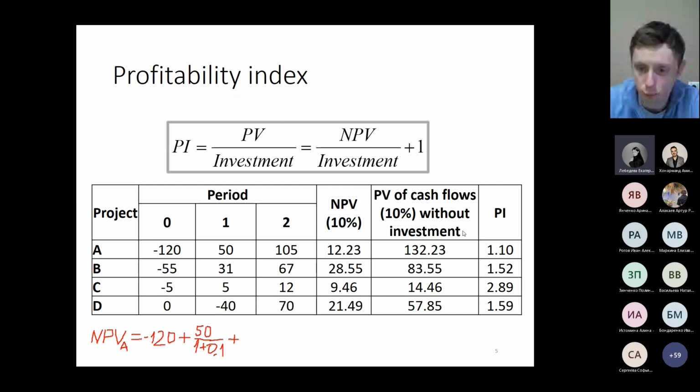I might try to ask some of you just directly. Let's say Larionova Irina. Do you know how we can include this second cash flow?